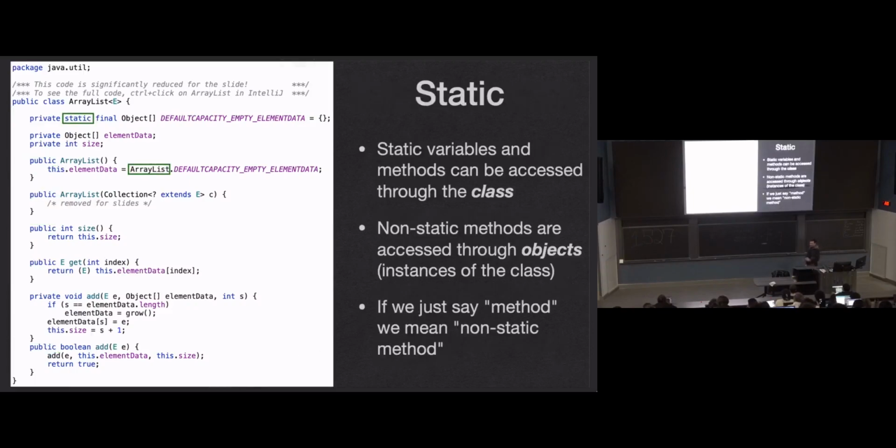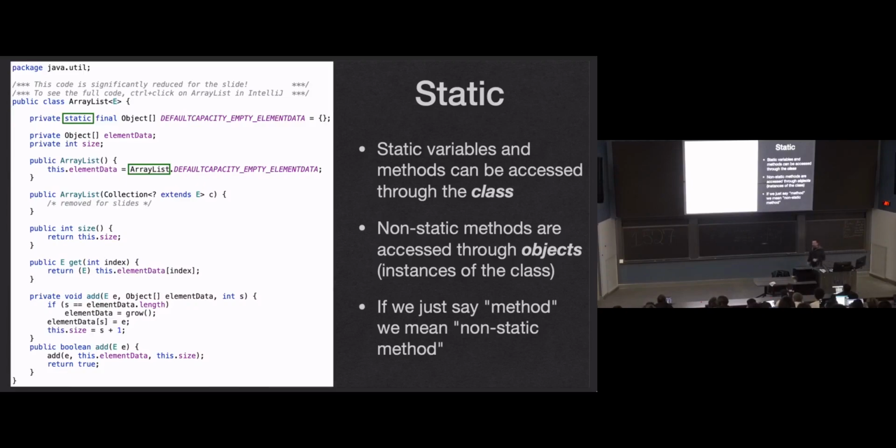And finally, static. We talked about static and non-static. I've been talking about non-static methods today. So static methods belong to the class. Non-static methods belong to objects of that type defined by the class. So static belongs to the class.